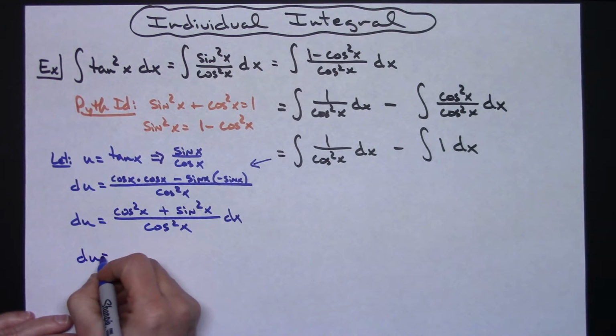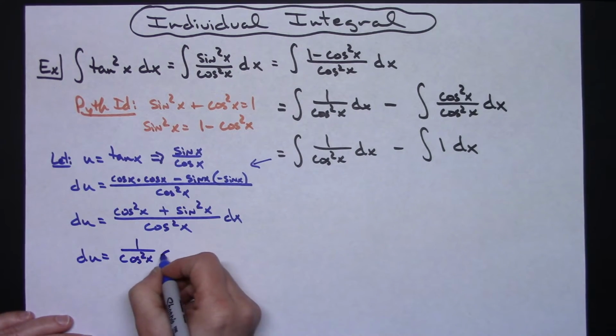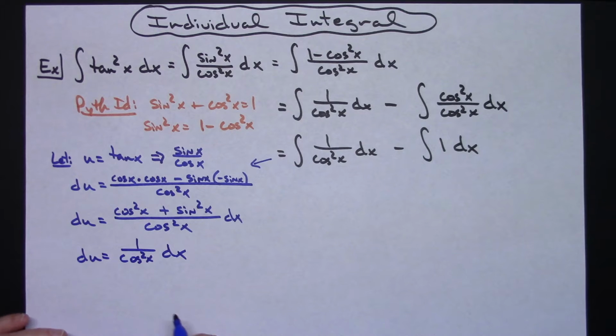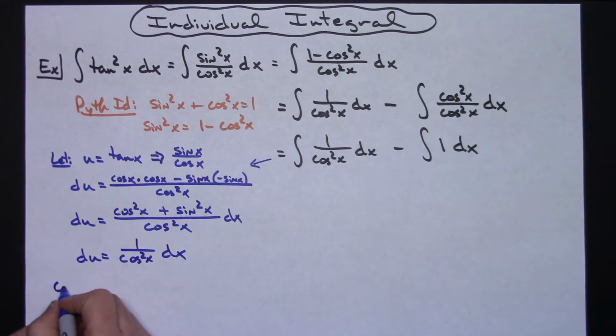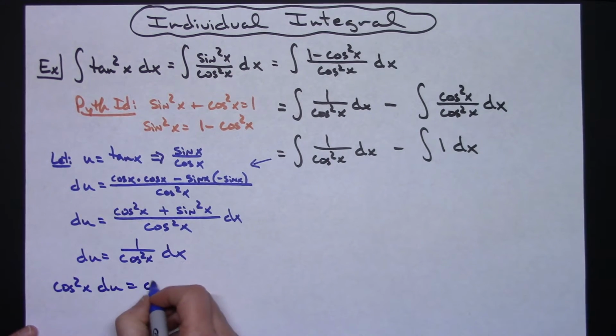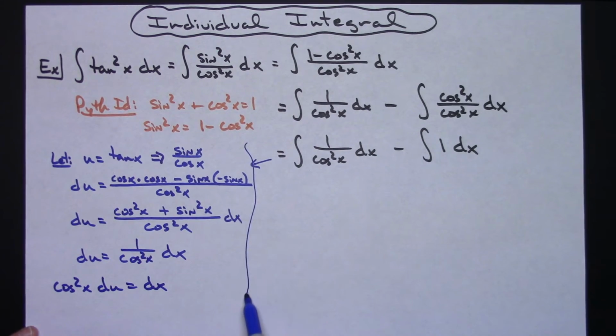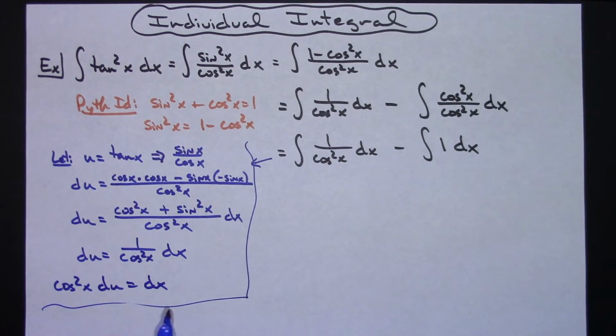So du is going to be equal to 1 over cosine squared x dx, and then multiplying both sides by that cosine squared x gives me cosine squared x du is equal to dx, which is what I wanted, so that when I go to do my substituting, things are going to cross out pretty nicely.